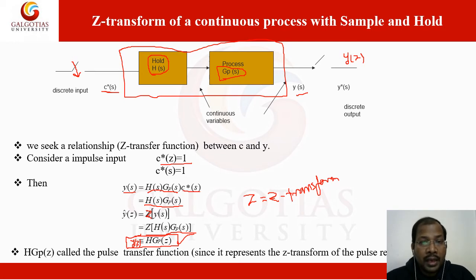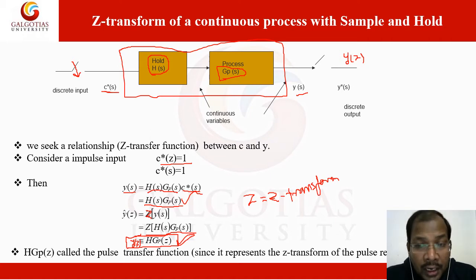In the continuous domain it is the product of the two, and in the discrete domain it is the combination HGP of Z. HGP of Z is called the pulse transfer function, since it represents the Z transform of the response in the presence of the impulse input. This is the role of the sample and hold circuit in the continuous process.